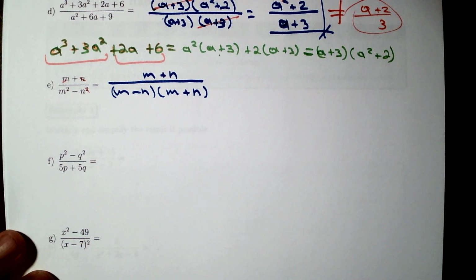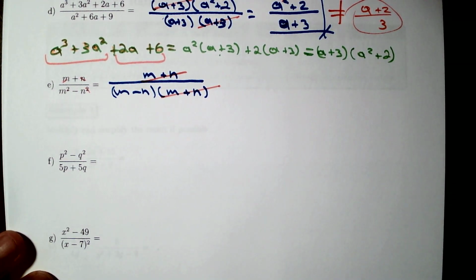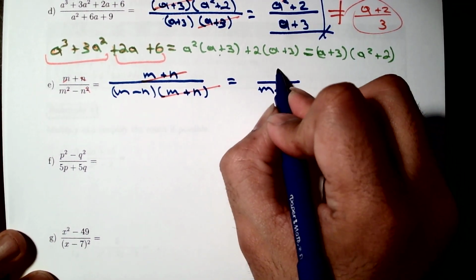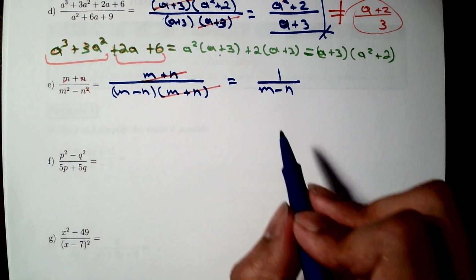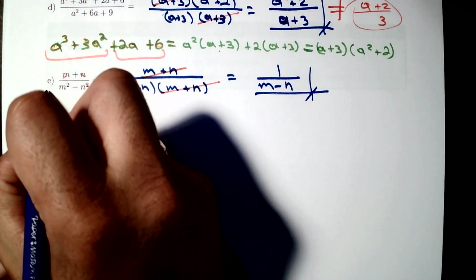And in this case, m plus n cancels m plus n, leaving us with m minus n in the denominator. Final answer. Just as easy as that. Very short, very easy. This is E of easy.